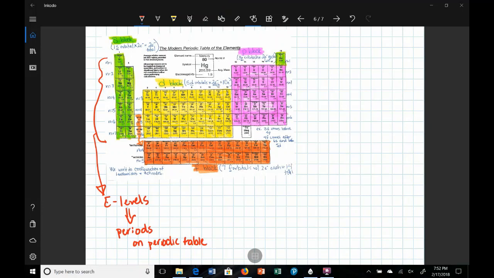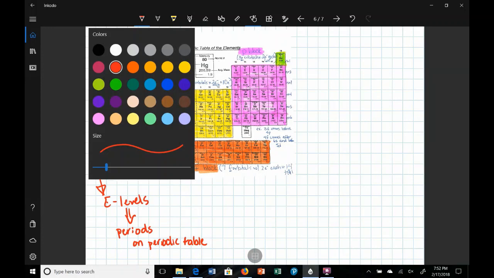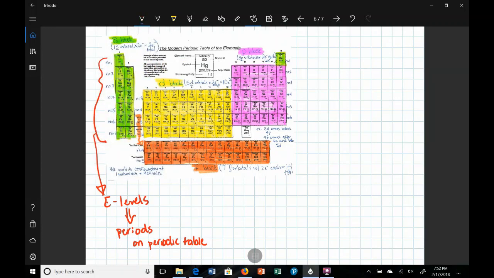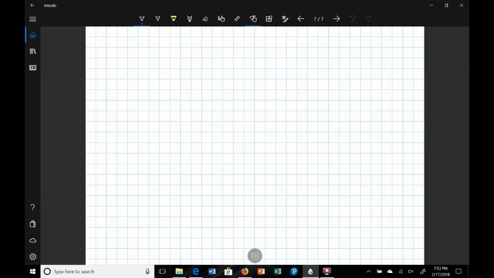Okay? Now, if we want to take a closer look at where these electrons reside, let's use an analogy that can help us to think of how the sublevels and the energy levels are broken up.